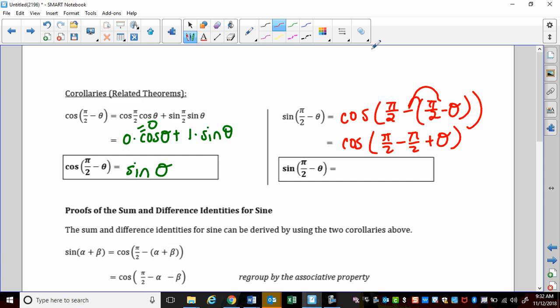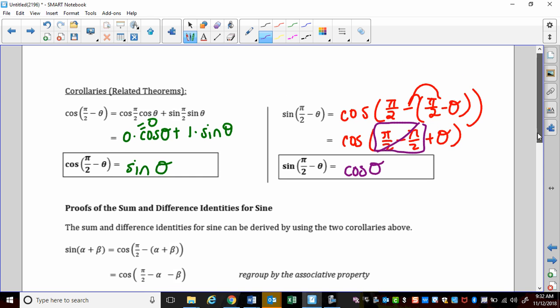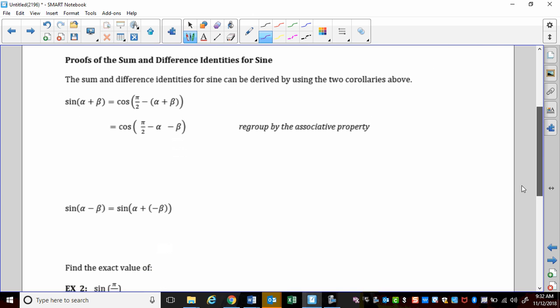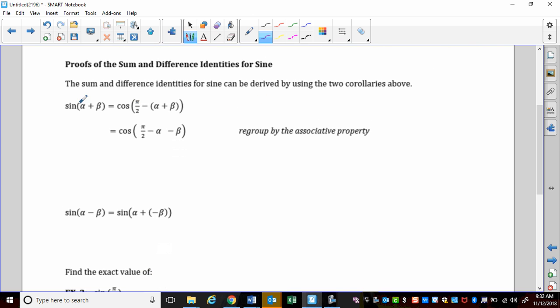So these will cancel. Pi over 2 minus pi over 2 is 0. And then we'll just have cosine of theta. The way mathematicians figured out sine is from cosine. We just shifted it over pi over 2. The signs did change. So this is what the cosine formula looks like.